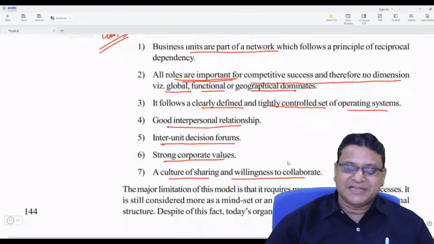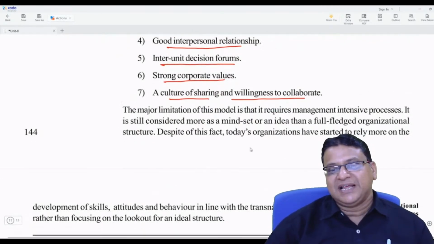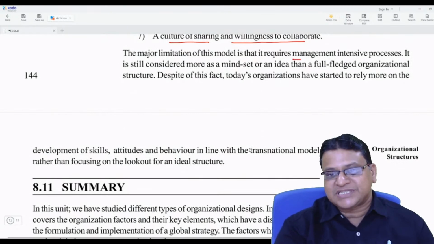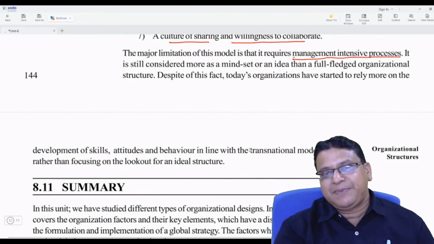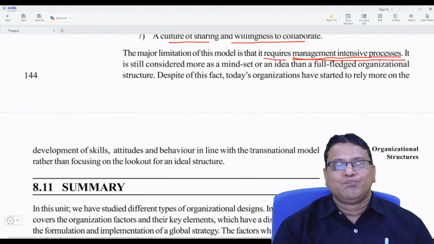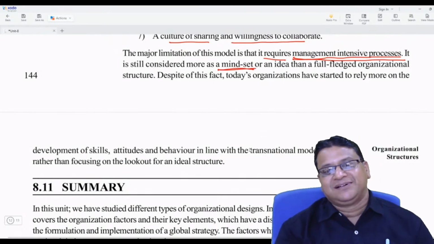But there are certain limitations. The limitation of this model is that it is a more management-intensive process. It requires a management-intensive process. Many people consider it a mindset, not a full-fledged organizational structure.